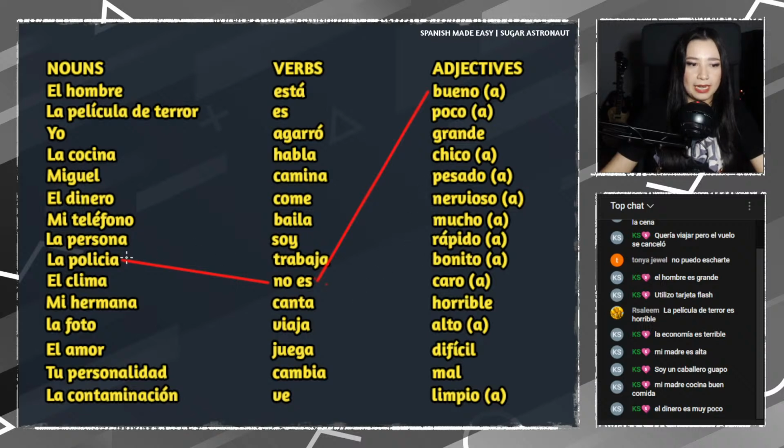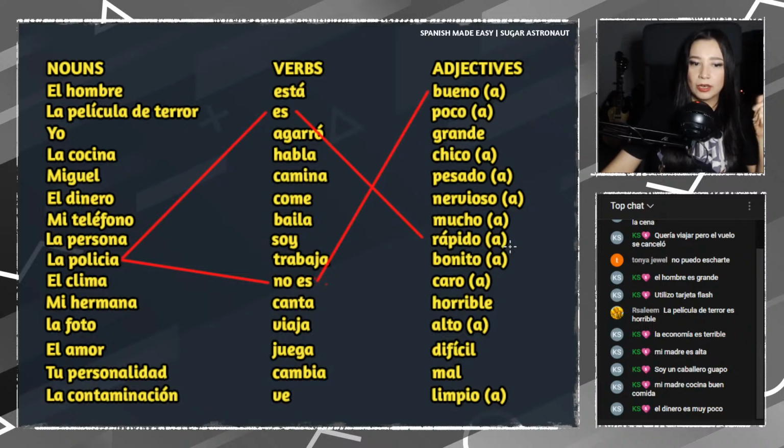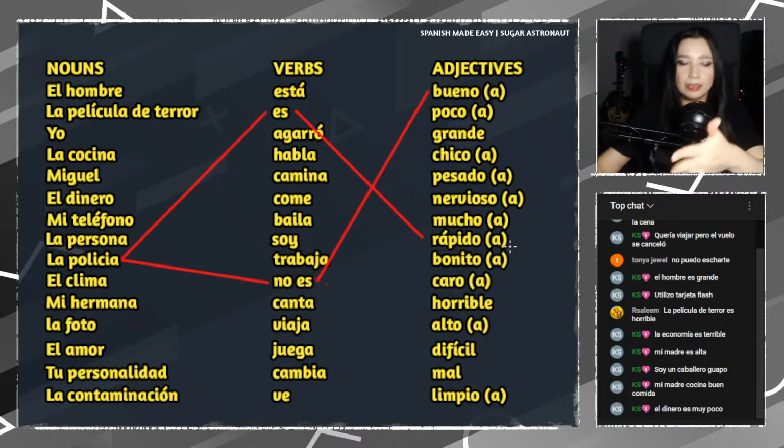What else can it be? La policía. I think that's it. You could also say es rápida. So the police is quickly doing something. Okay.